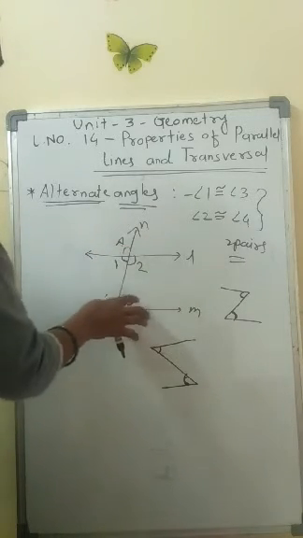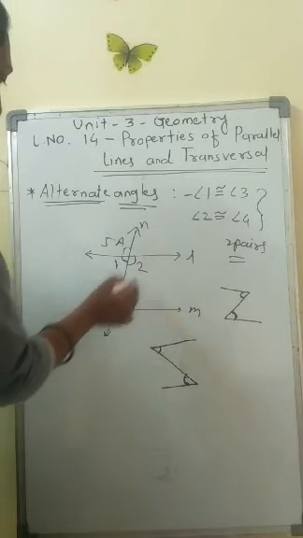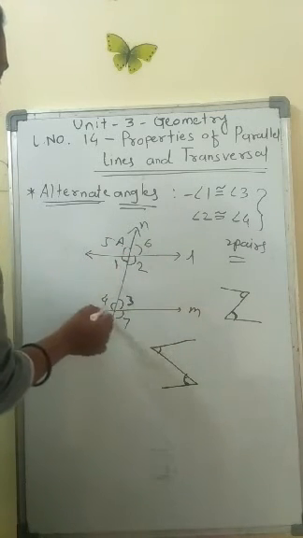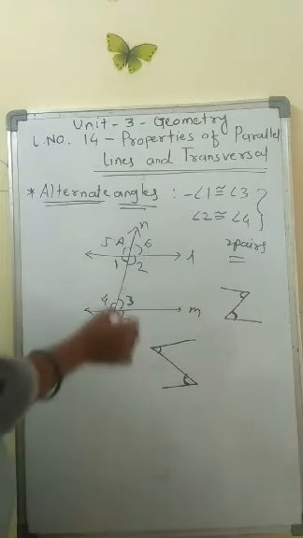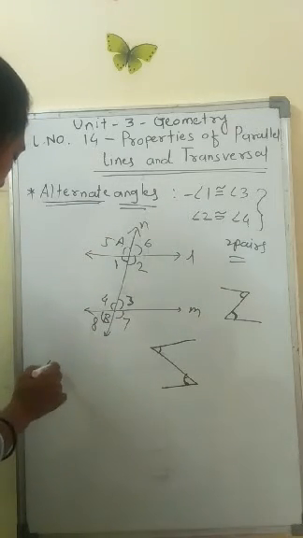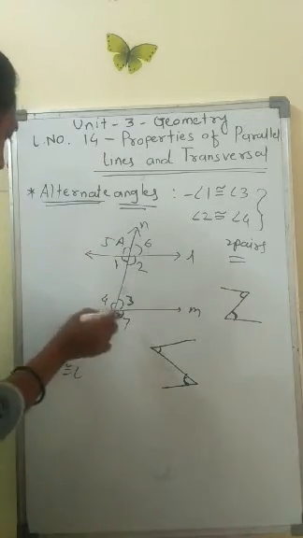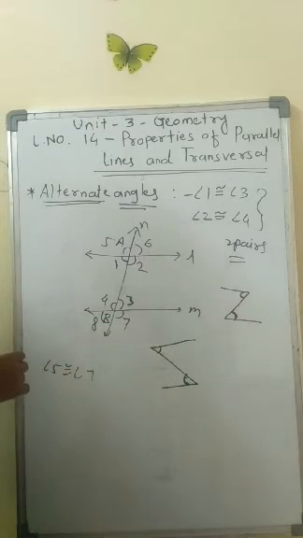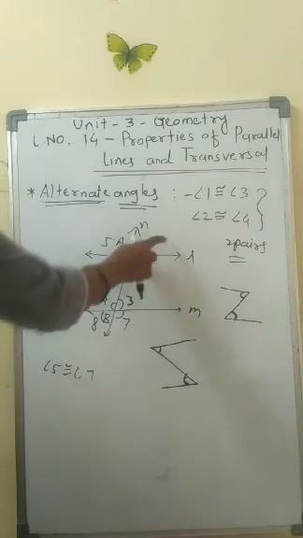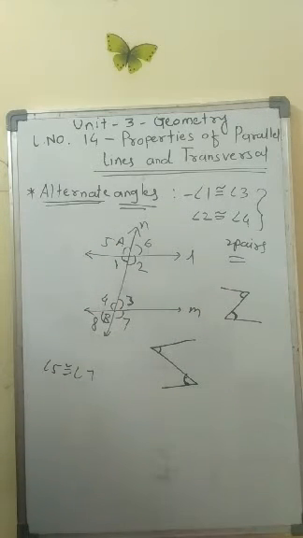So suppose that I have 3, 4, 5, 6, 7 and 8. Okay. So angle 5 is congruent to angle 7, you can see here, and angle 6 is congruent to angle 8. For allied angle also, you can see angle 6 is congruent to angle 8.